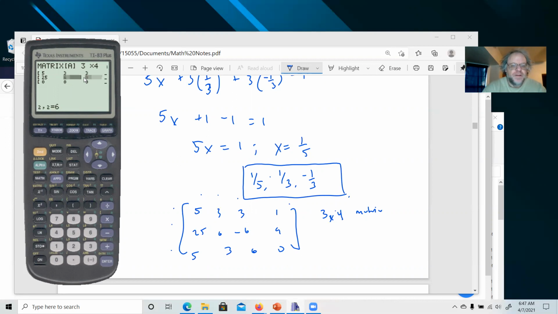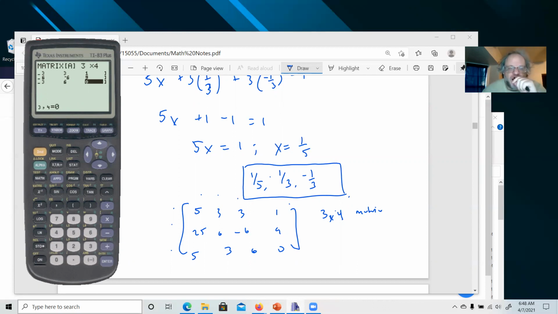Okay, here we go. We have negative 6. So we had 25, 6, negative 6. Enter, fine. And then 9. Okay. So be careful with the negative signs. These are very, very picky about how they want things done. And then 0.